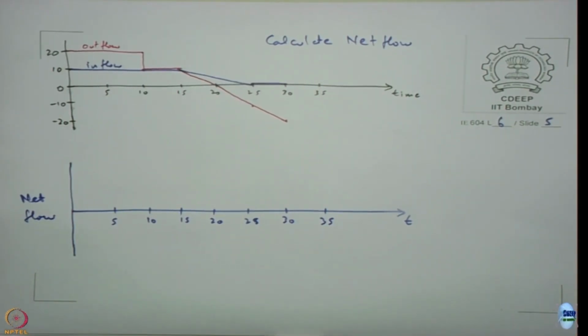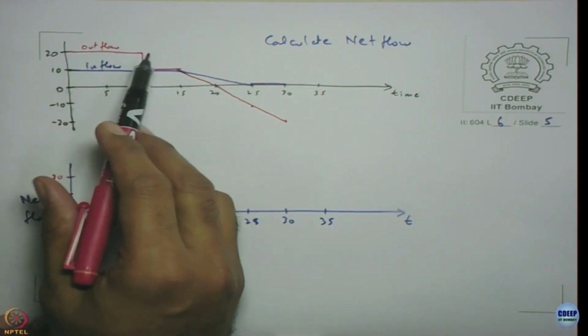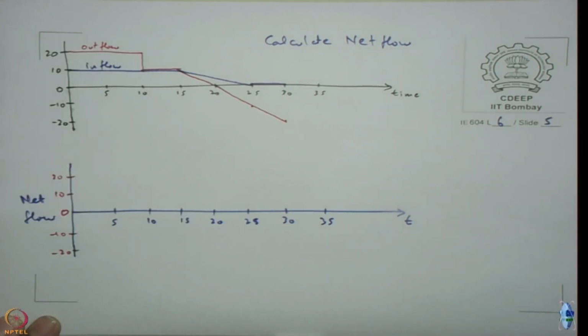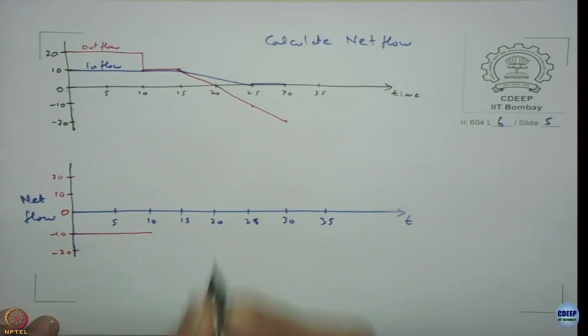So, until time 10 both inflow and outflow are constant. So, what should be the value of net flow? At every time instant you are taking the difference, right. So, it will work out the same. Inflow is 10, but outflow is 20. So, net flow becomes minus 10. So, this is your net flow, minus 10.